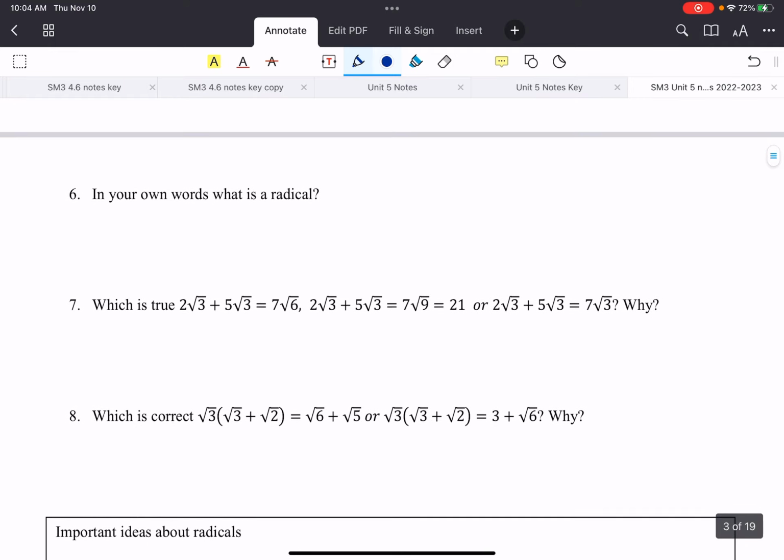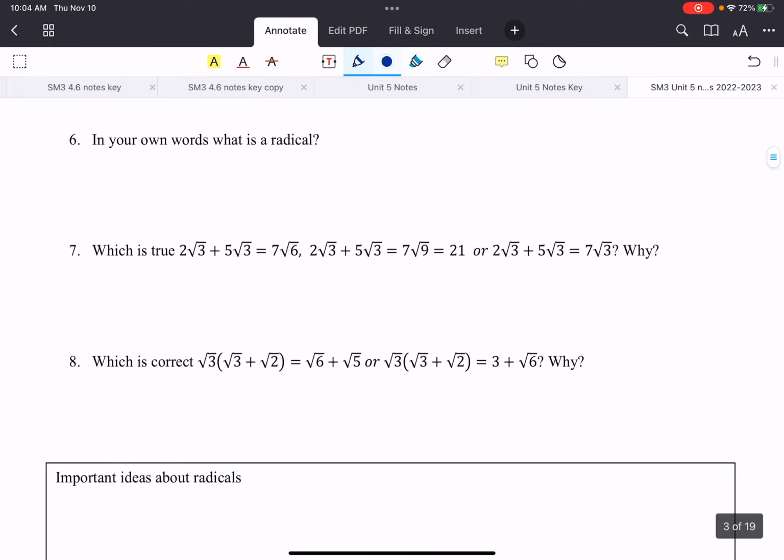Okay. In your own words, what is a radical? Somebody raise your hand. Use your inductive reasoning or deductive reasoning. Inductive is their past math skills and their patterns. Deductive would be if they look at the dictionary. Okay, use your inductive reasoning. What do you think a radical is, of what we just did?